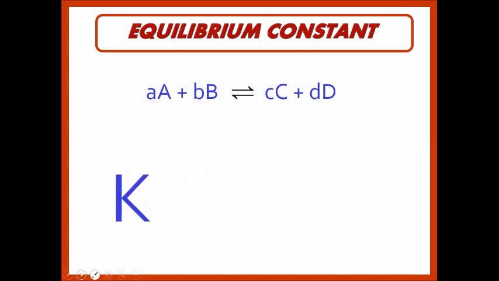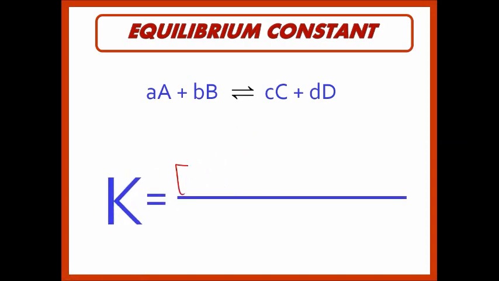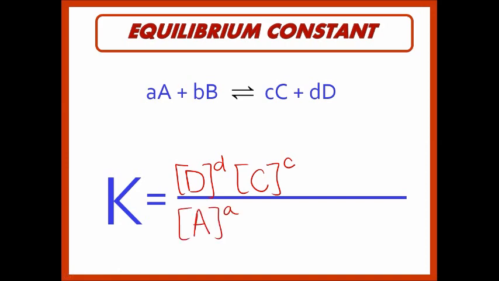So K is going to be equal to the concentration of product D raised to its coefficient, lowercase d, times the concentration of product C raised to its coefficient, lowercase c, over the concentration of reactant A raised to its respective coefficient, lowercase a, times the concentration of reactant B raised to its respective coefficient, lowercase b.